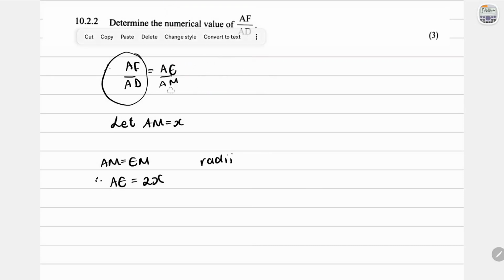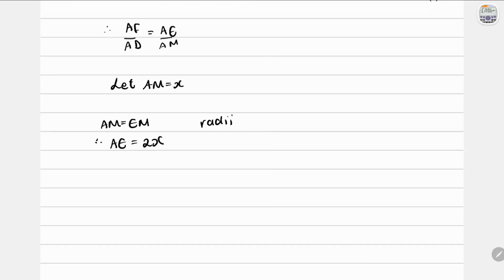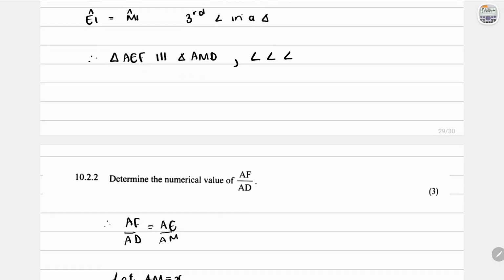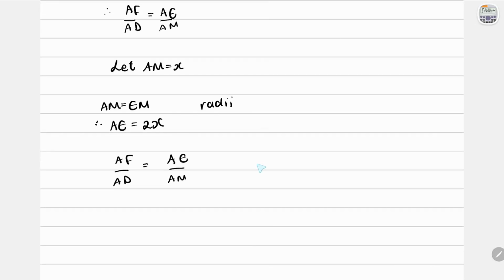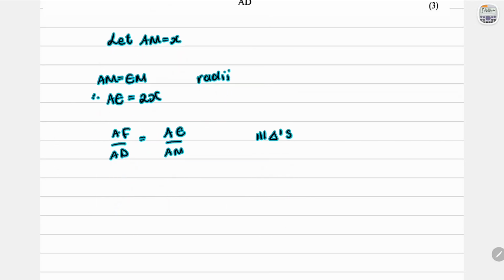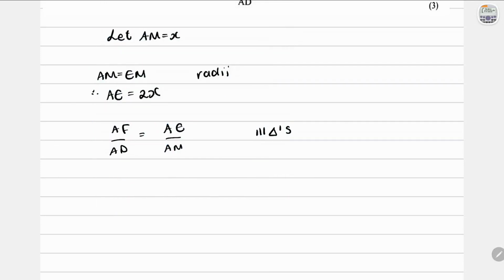So AF over AD is equal to AE over AM. And this is of course because our triangles were similar, so their sides are in proportion. So you can tell them similar triangles. I don't need this part. That was just to figure it out. Usually I'll write that in pencil. So this is what we have.